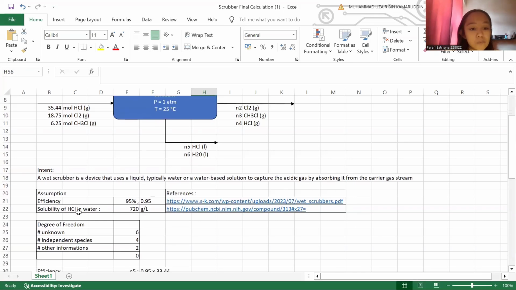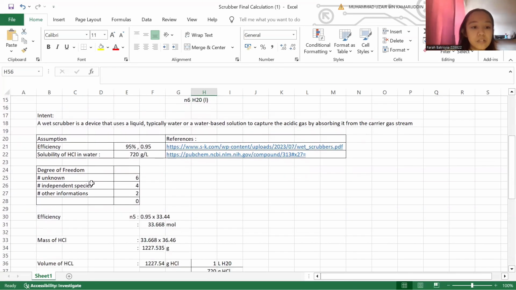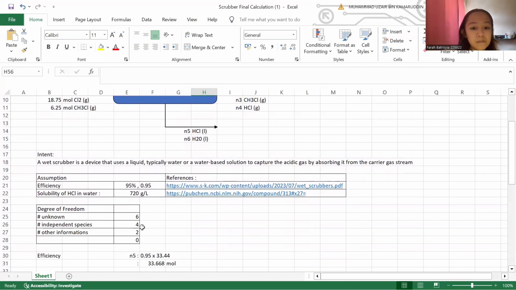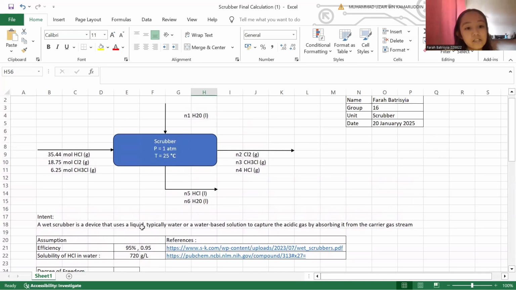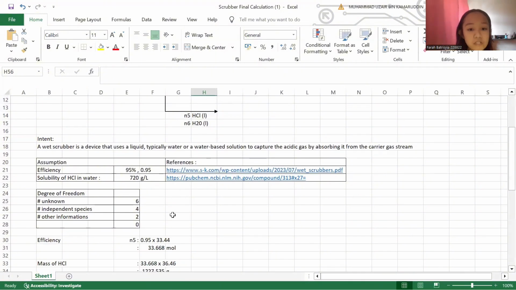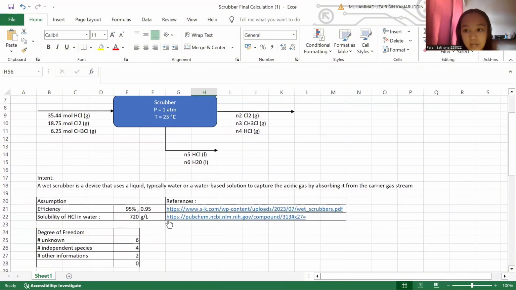The solubility of HCl in water is 720 gram per liter. So we can use the degree of freedom. We have 6 unknowns here, and we have 4 independent species, which are HCl, Cl2, CH3Cl, and H2O. The other information is the assumptions from before. We can use the efficiency to get N5, which is HCl in liquid, by multiplying 95% with 35.44 mole HCl.